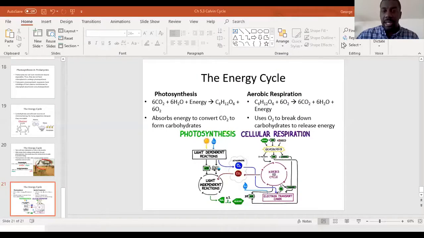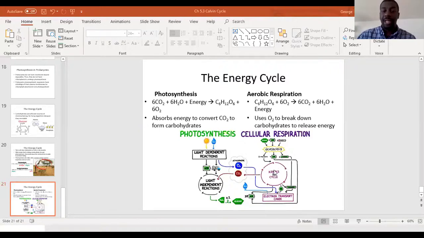Okay, so Johanna's question: in aerobic respiration, what happens to carbon dioxide? Let me reshare this here.